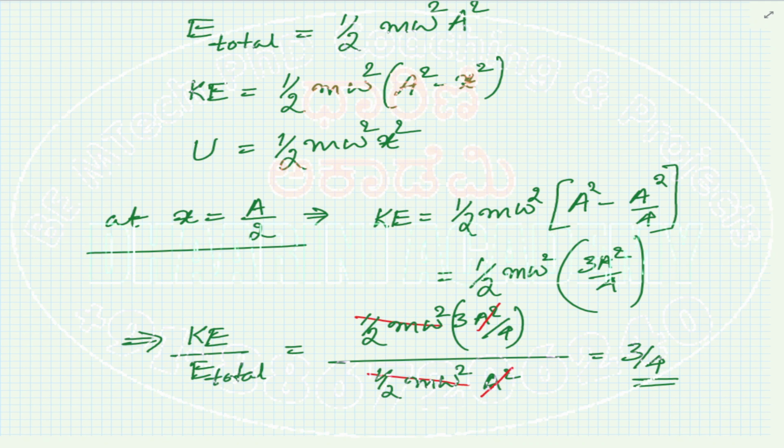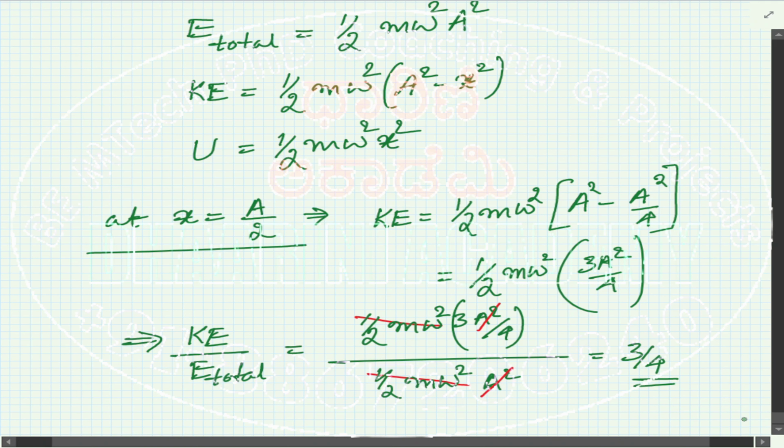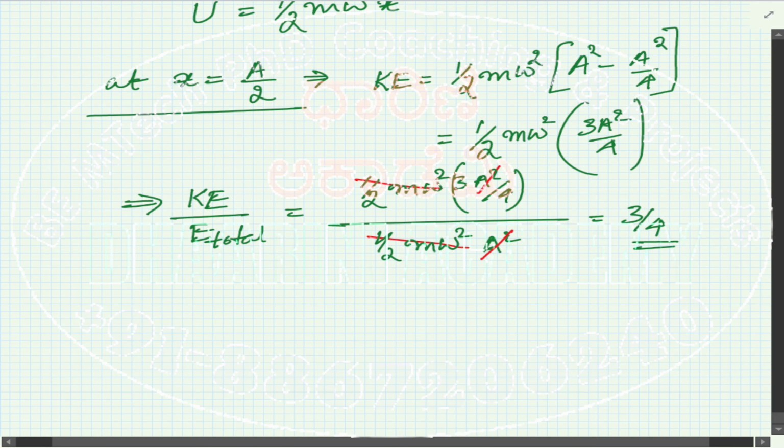This is the ratio. At the same time, now I need to calculate U at the given point. U is equal to half m omega square x square. You can see that x is A by 2, so this is A square by 4.